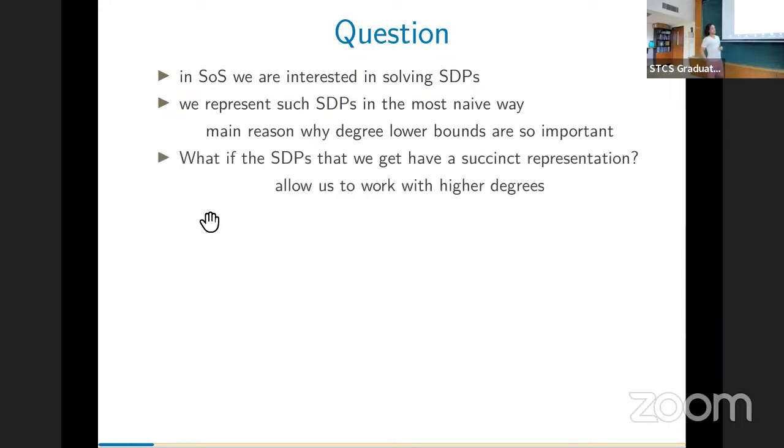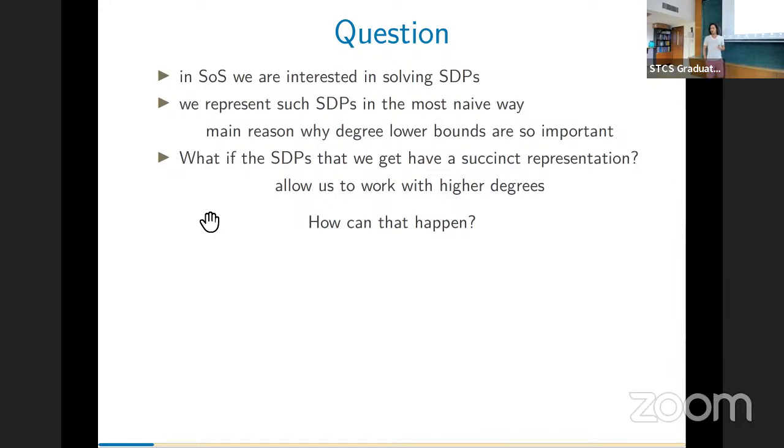So that's the question: what if these SDPs that we get could have large degree, but not too large, and a small representation? We could still try to get efficient algorithms. This would allow us to work with these higher degree SDPs. And the question is, how can that happen?